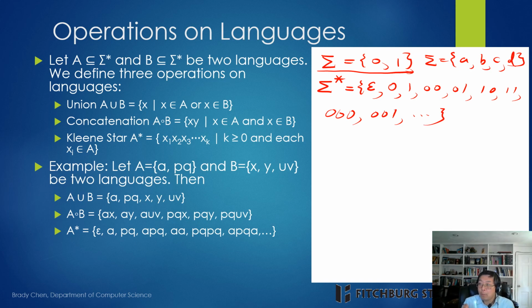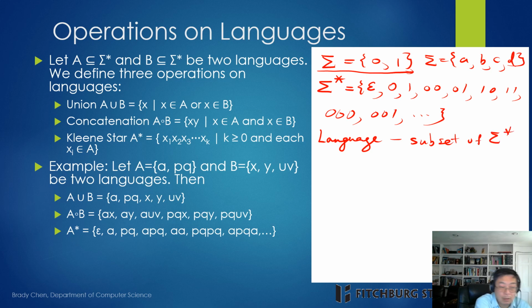It's the set of all possible strings over the alphabet sigma. Now, then we define the language. A language is just a subset of sigma star. A language could be a finite language or an infinite language, which means the language contains an infinite number of strings.